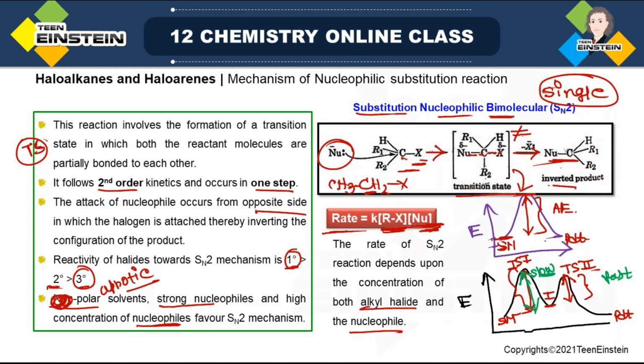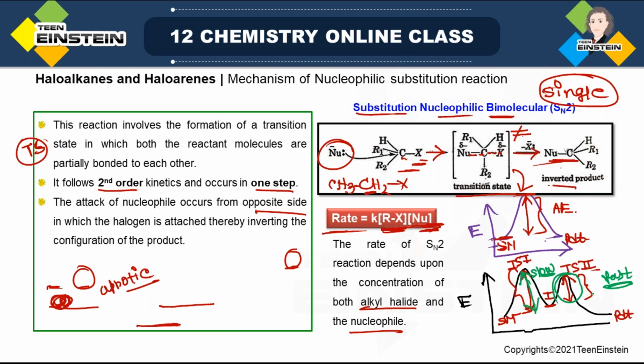Maybe whatever I have drawn is not very clear, but activation energy for the first step is high. That is why it is slow, because to reach the transition state you have to provide high energy. And for the second one, the energy gap is low, so that is why it is a fast step, FAST, not FIRST. Okay, so this is the difference between the energy profile diagram of these two types of reaction.